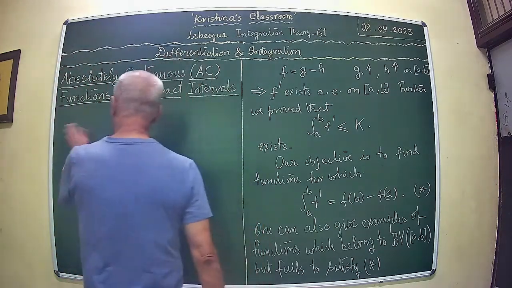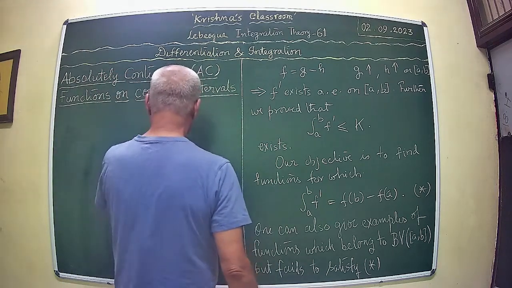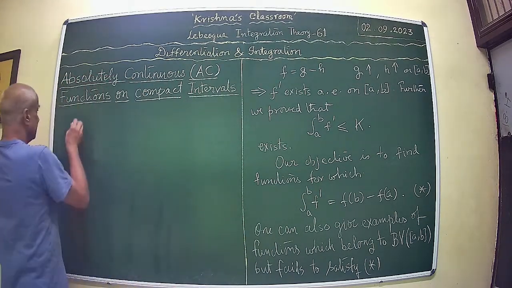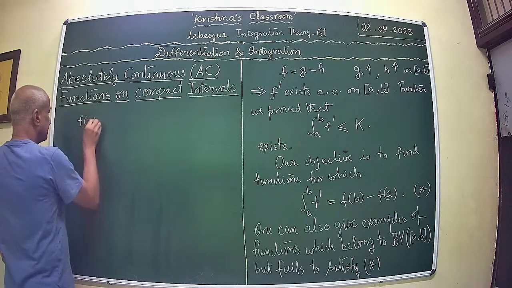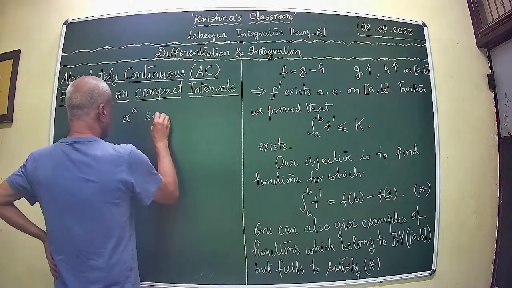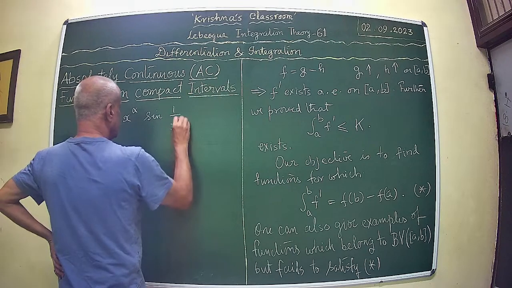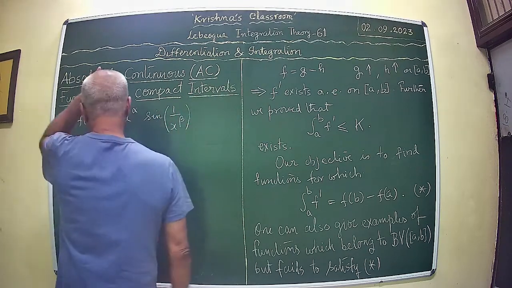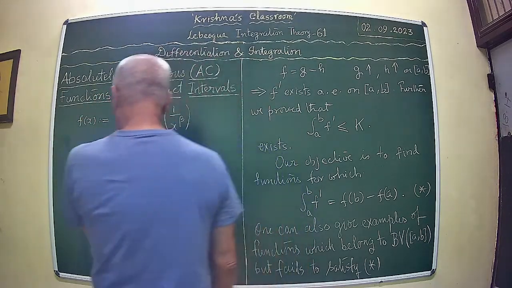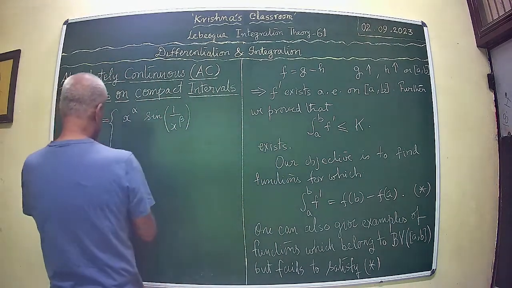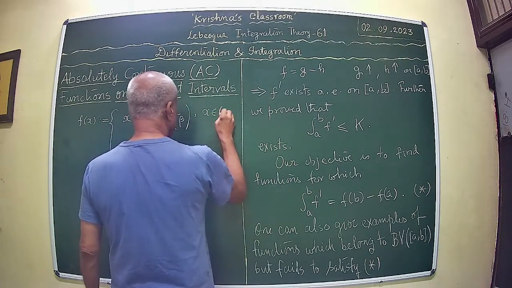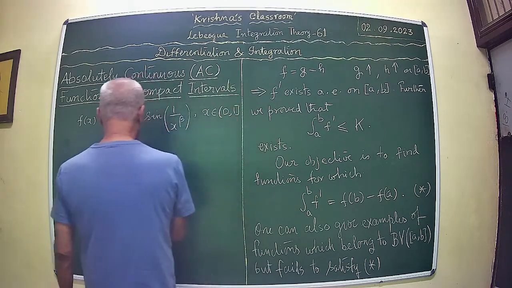See, fascinating examples for this kind of thing are given by the function f(x) defined as x to the power alpha sin(1 by x to the power beta) for x not equal to 0, and 0 at x equal to 0.